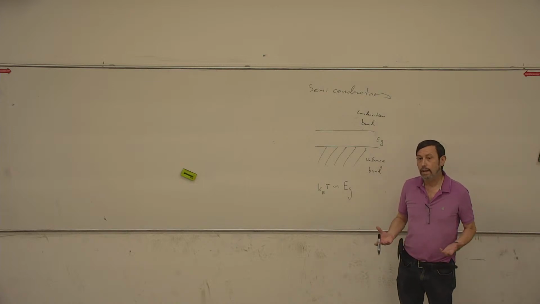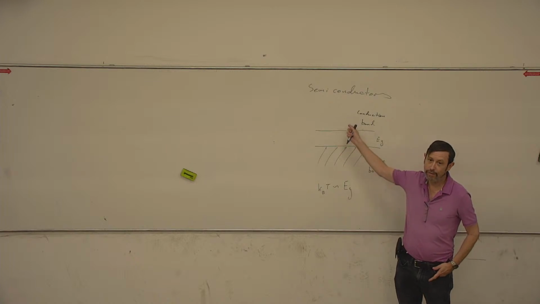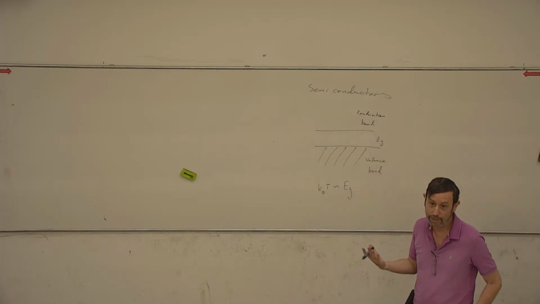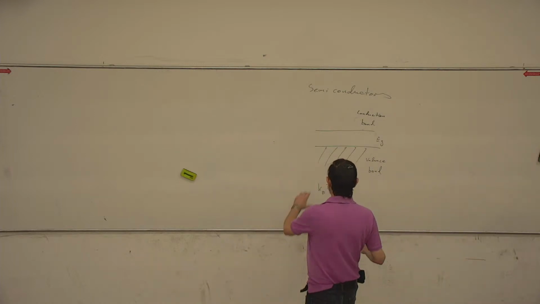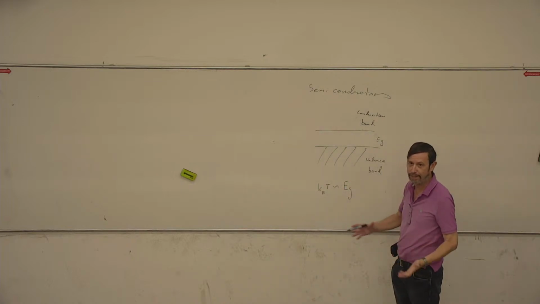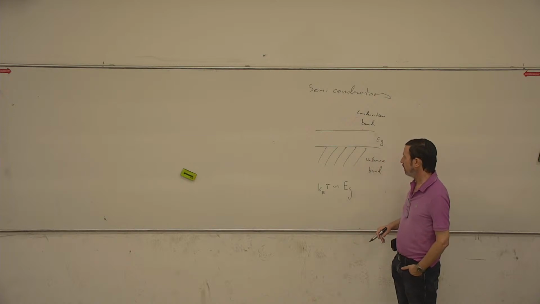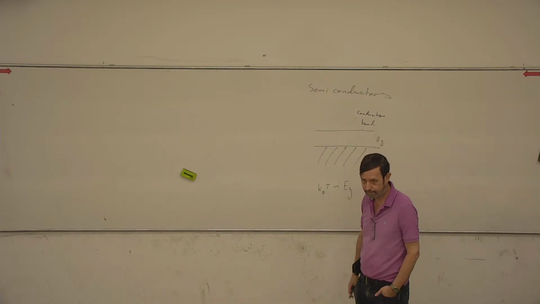Well, it's a qualitative definition, because how many electrons I have to have in the conduction band in order to be interesting depends on the technology you want to use. So it's not a hard definition, it's just a bunch of materials that behave similarly at room temperature.